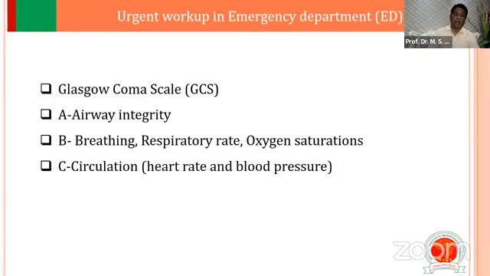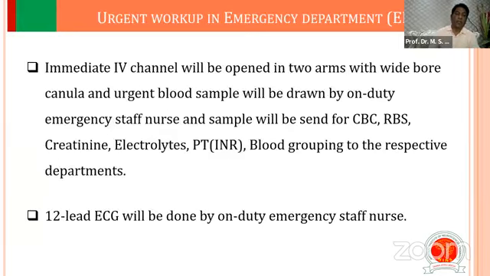Urgent workup starts with the Glasgow Coma Scale. First of all, airway clear, then breathing, respiratory rate and oxygenation, then ensure circulation. Immediately an IV channel will be opened in 2 arms: one arm for normal saline and the other for thrombolysis.